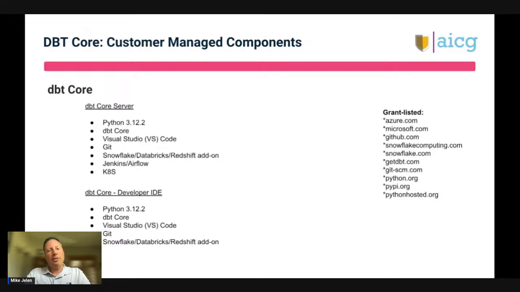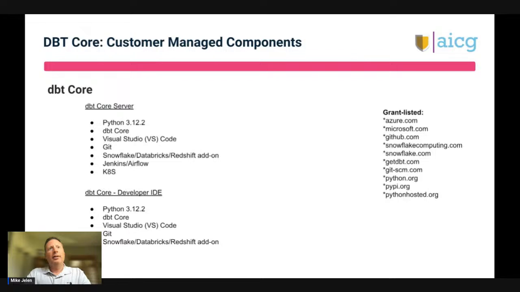You want that separation, so one, you can scale, and two, when we say scale, adding more developers, not having contention of doing things on the DBT Core server. It's just best practice for each developer to do their own work on their own VM or their own laptop.